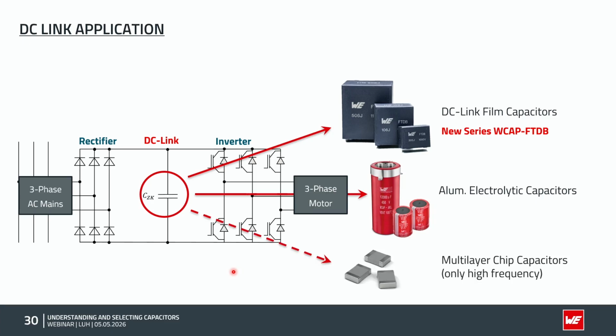For some applications, you can also use MLCC or even combine them with electrolytic ones. You can see that they can be used for some applications, but the capacitance is very small, so the applications are limited.